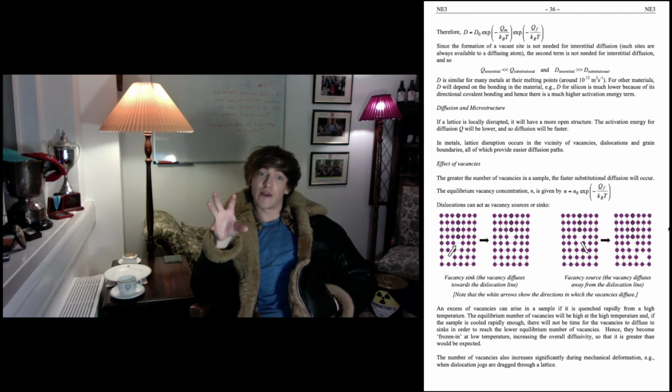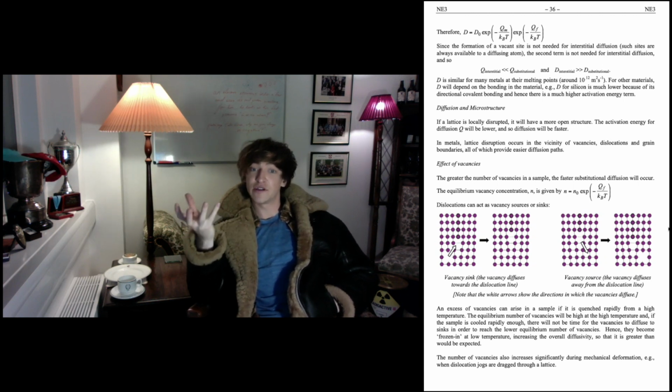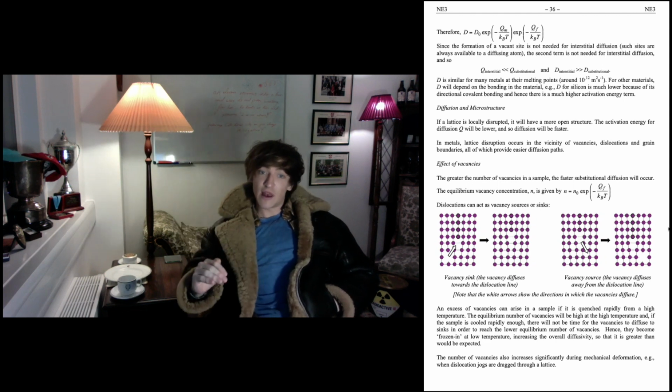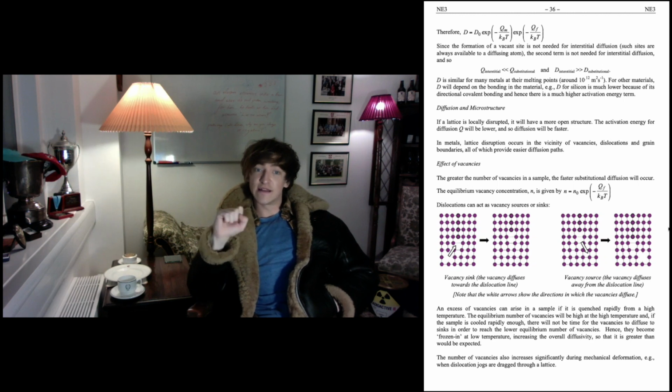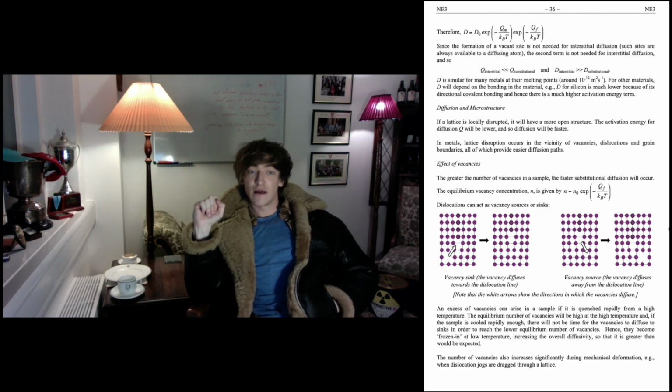Now, other sources of vacancies are plentiful. You can produce vacancies through rapid quenching of a material. Basically, that freezes in the high equilibrium number of vacancies present in a high temperature material. As the temperature of that material is rapidly lowered, you freeze in those vacancies so they don't have time to be eliminated.